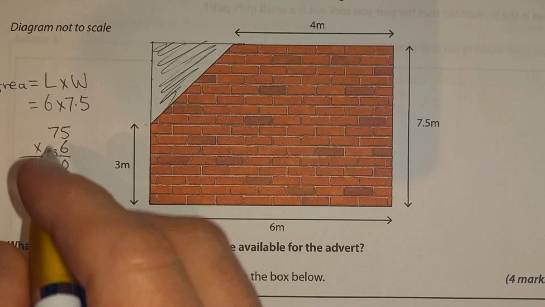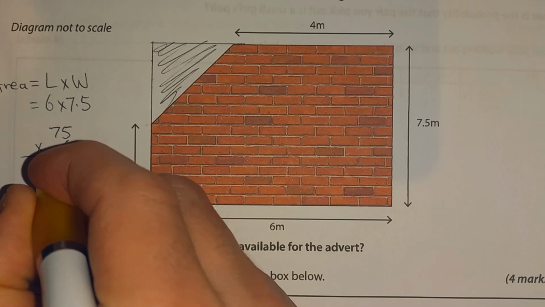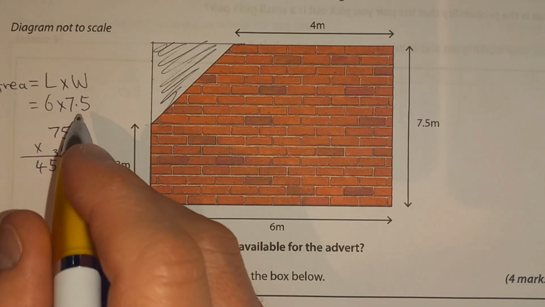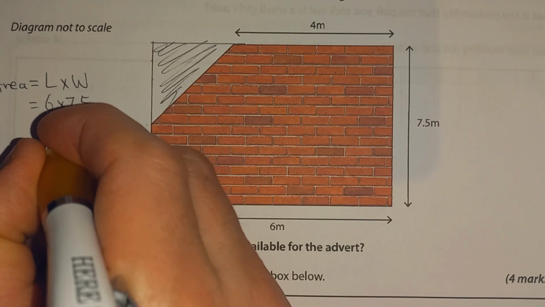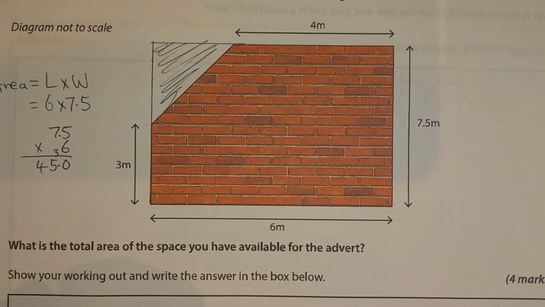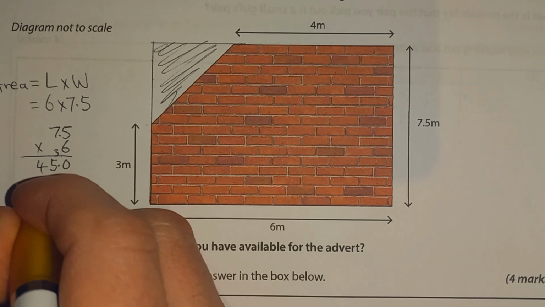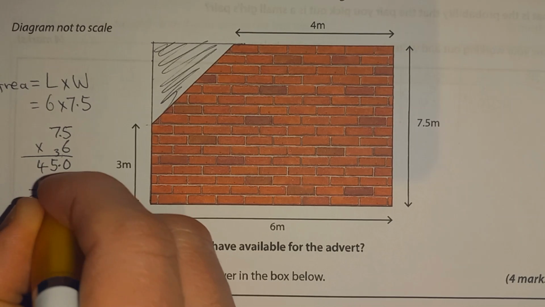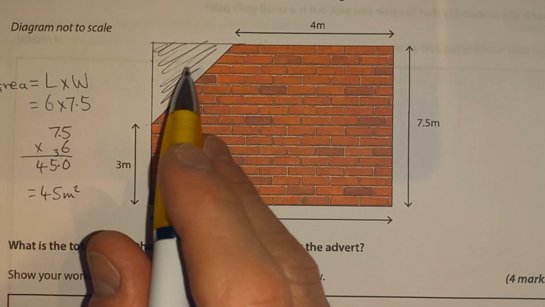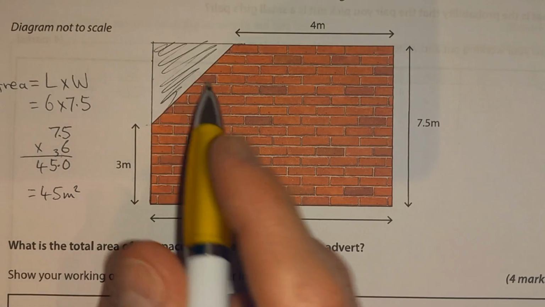Add the 3 is going to make that 45. So we've got 450 in total, but remember there was a decimal point. So we put the decimal point in one place there as well. So we have got 45 metres squared. That's for the whole big wall, okay? So that's including that triangle.